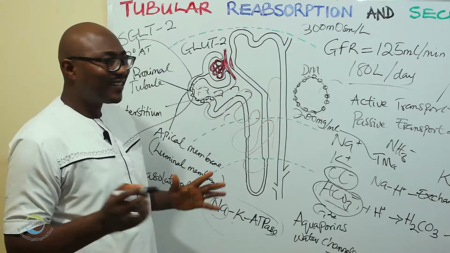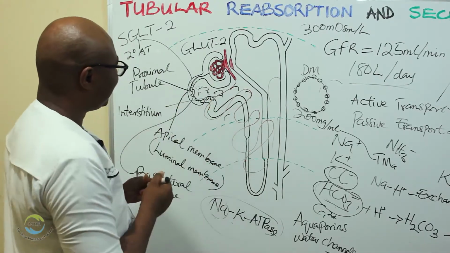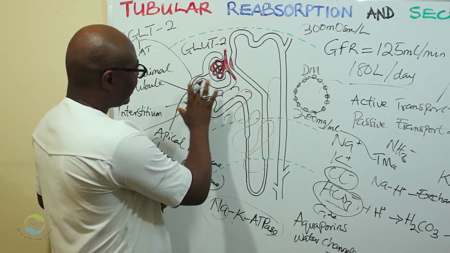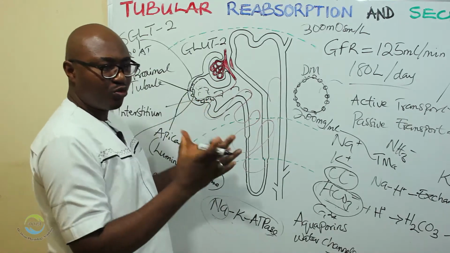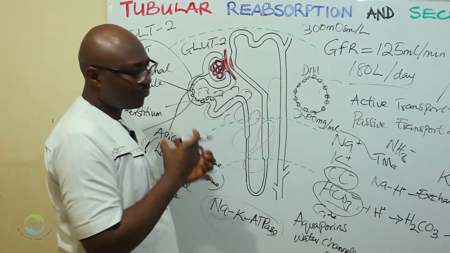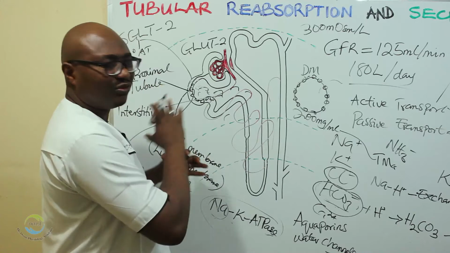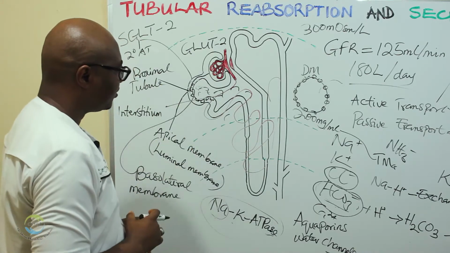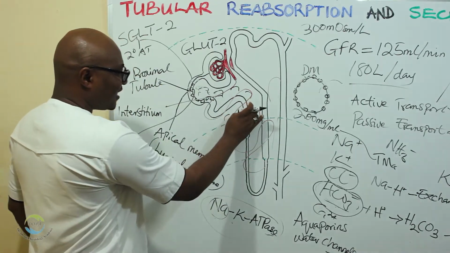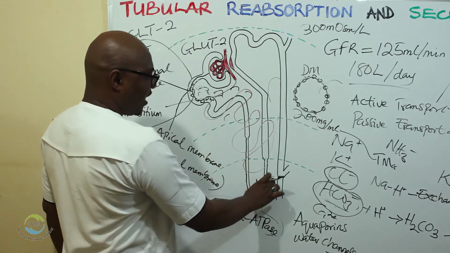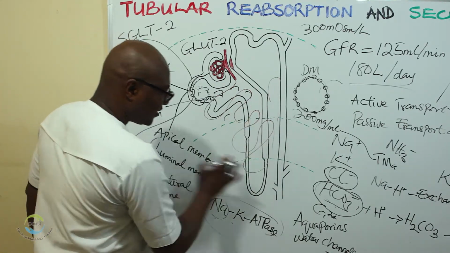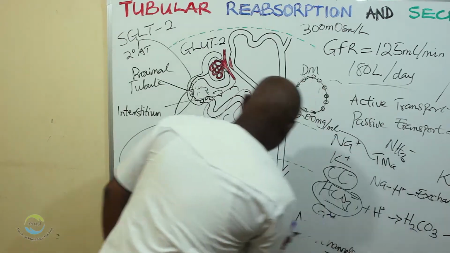Right, so welcome back. We've dealt with this proximal tubule where most of the show happens. A lot of the reabsorption happens. So now we're going to start with the loop of Henle. So let's clean all this.